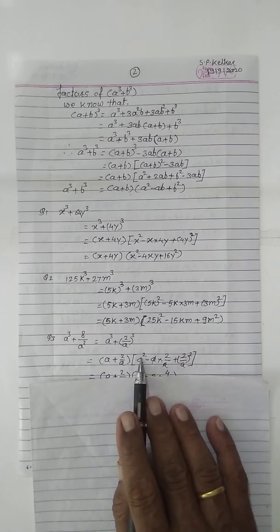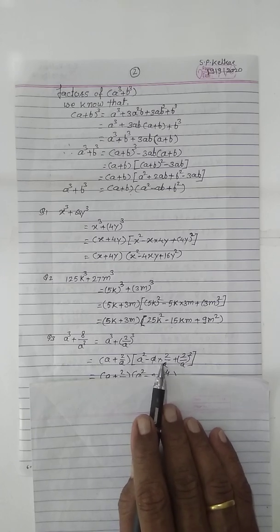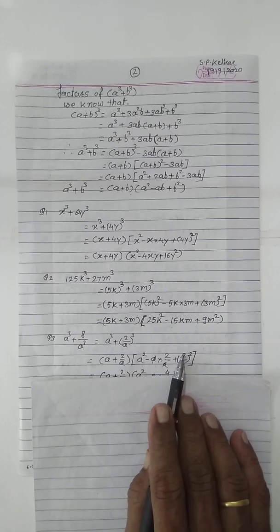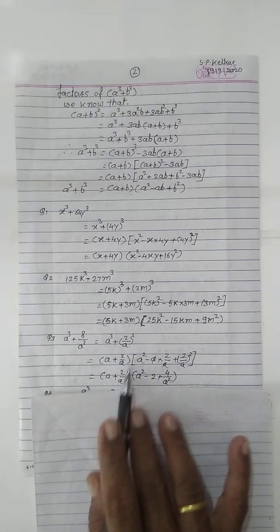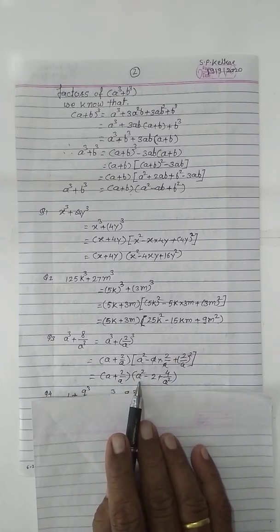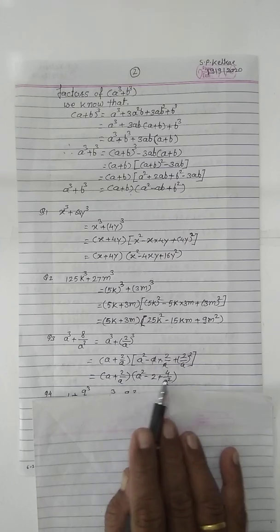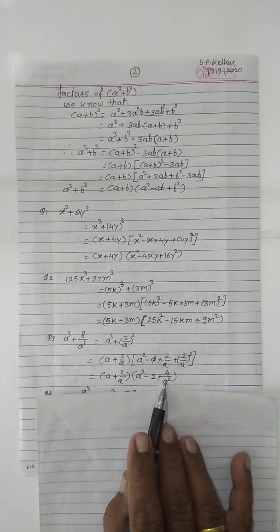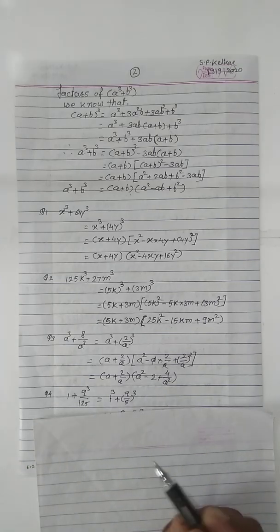Then in the square bracket, the square of the first term, a square, minus first term into second term, a into 2 upon a, plus the square of the second term, (2 upon a) whole square. Now in the first bracket a plus 2 upon a, in the second bracket a square minus 2, as the a cancels, plus the square of 2 by a, which is 4 upon a square. In this way we find the factors of this given example.